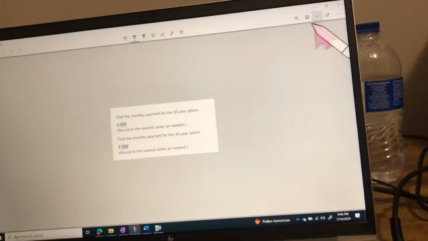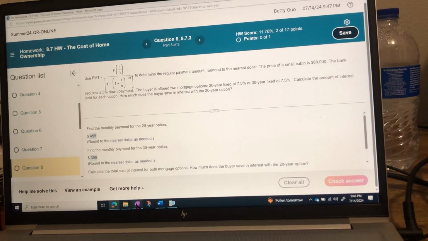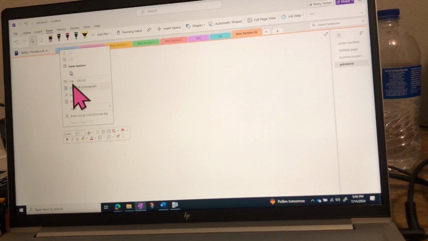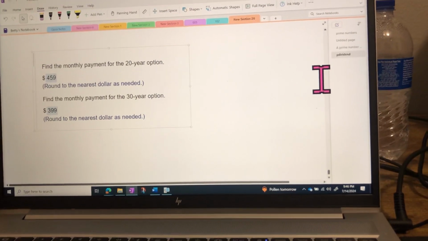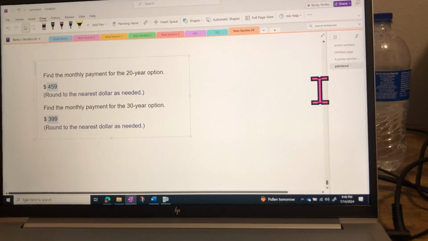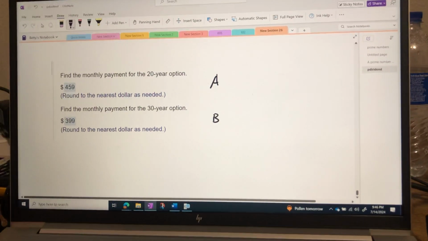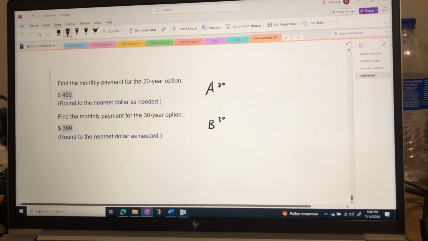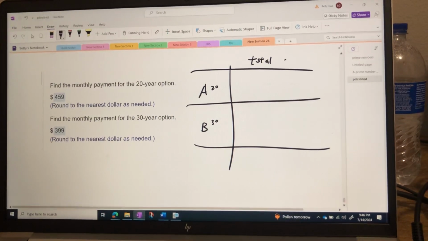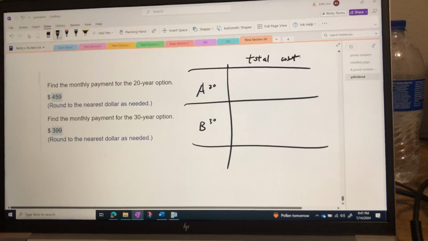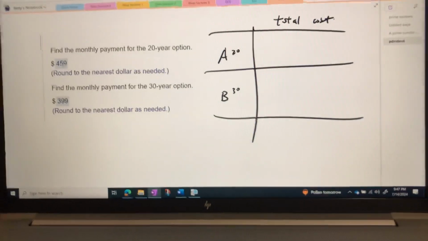What we can do is make a table. Let's make a table here. Total cost. Plan A is the 20-year, and plan B is the 30-year. For the 20-year option, let's see how much you pay back over the lifetime of the mortgage.